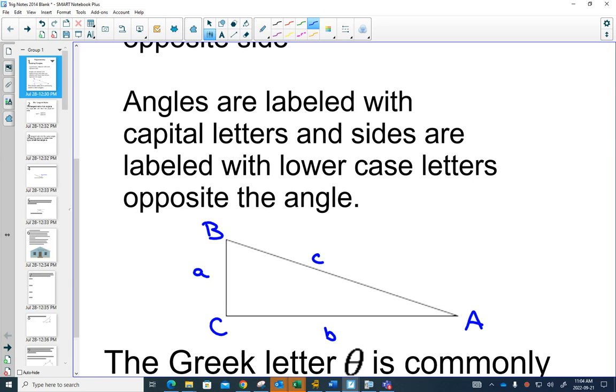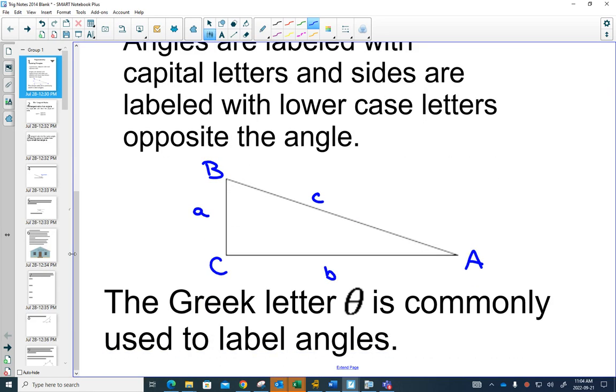Does anybody know what this Greek letter is called? When you see this, if this was English class and I said it's your turn to read the notes, the Greek letter, what would you say? No. No. No. I'll give you a hint. It starts with a T. All right. Wait.